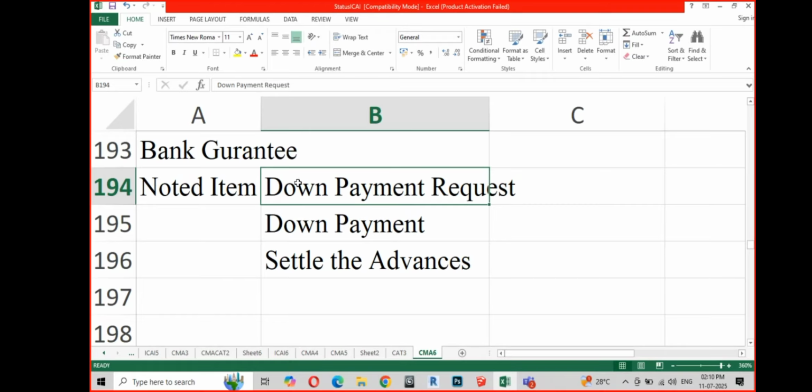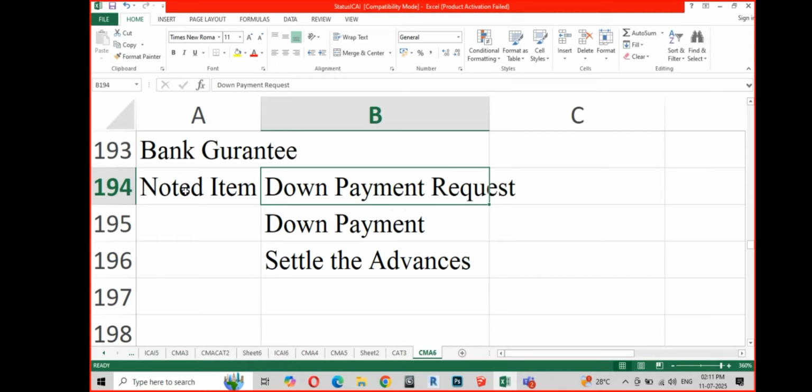Now what happens? The customer requests this advance, is it possible? And he raises a request. So how does SAP understand that a down payment request is made? It is through an option called the down payment request. Clear? And this is referred to as a noted item in SAP.